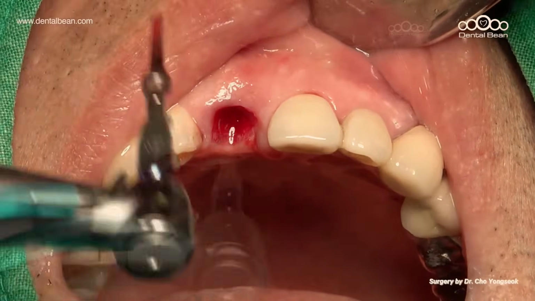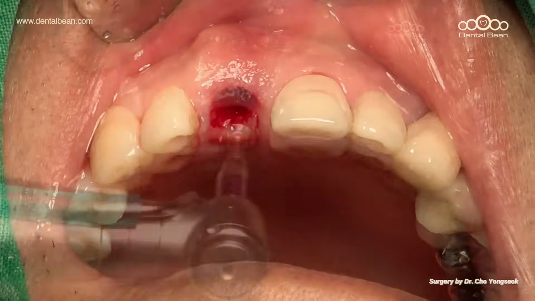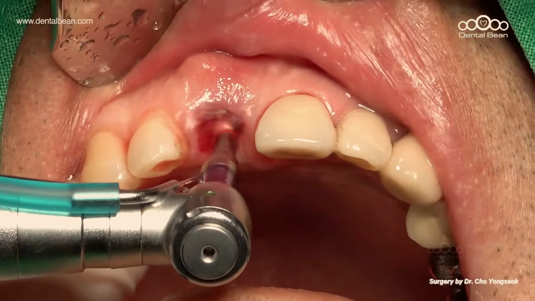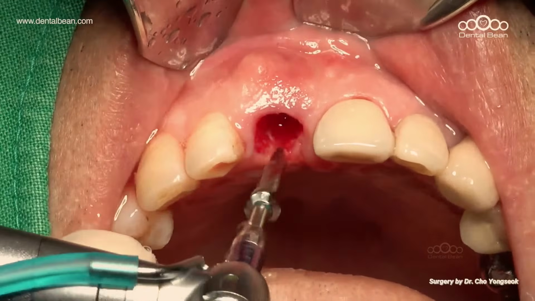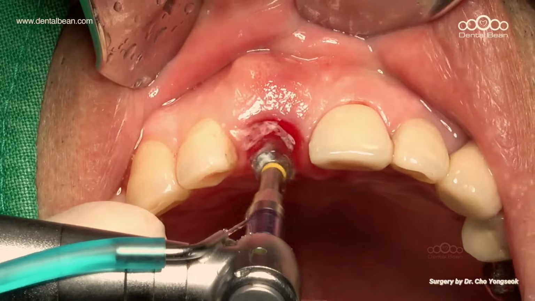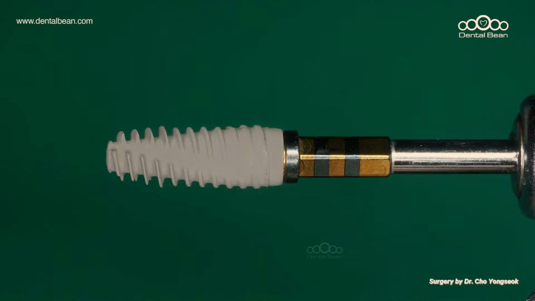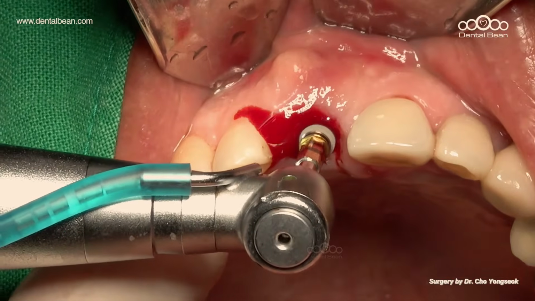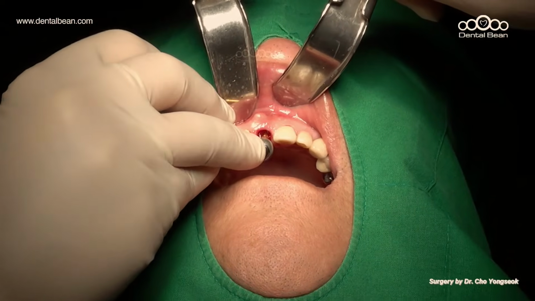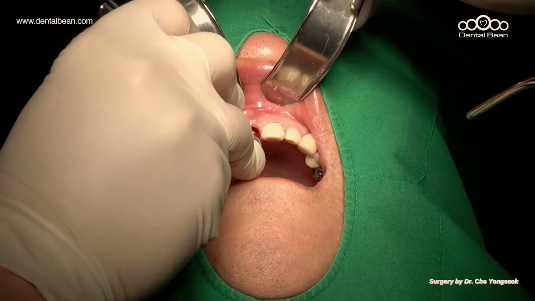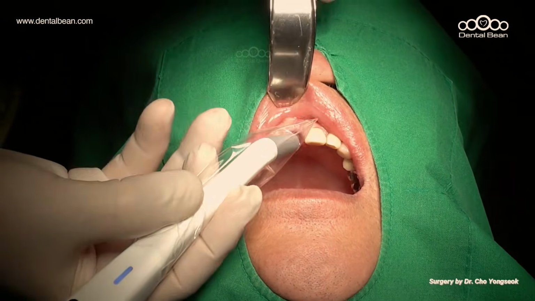Use extension very actively when you prep the osteotomy at maxillary anterior site. 3.5 drill and 4.0 partially, and depth was deep, so I selected 11.5 millimeter long XL implant. I can anchor the thread of XL implant at apex with a strong primary stability.